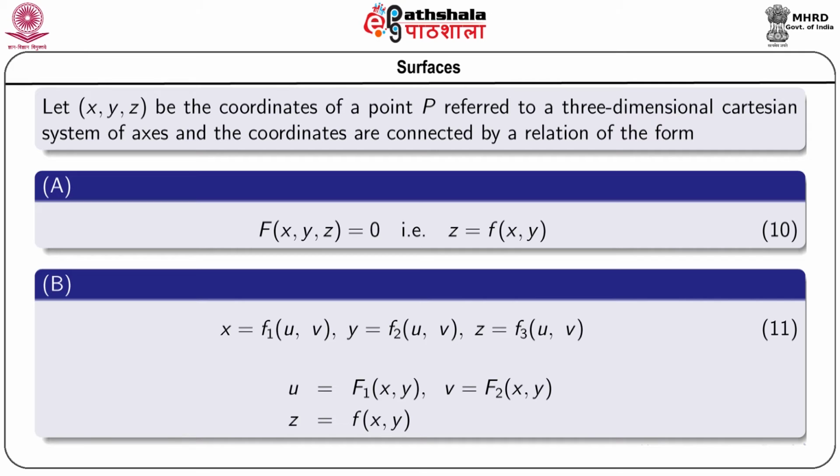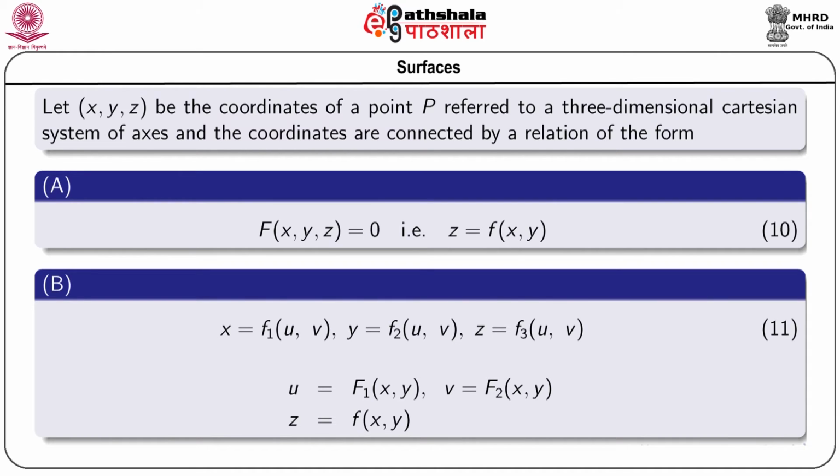Now, we propose that equation 10 and equation 11 are equivalent. To show that, let us first take the parametric form of the surface. From the first two equations, that means x equals f1(u, v) and y equals f2(u, v), we can solve for u and v such that u is some function of x and y and v is another function of x and y.